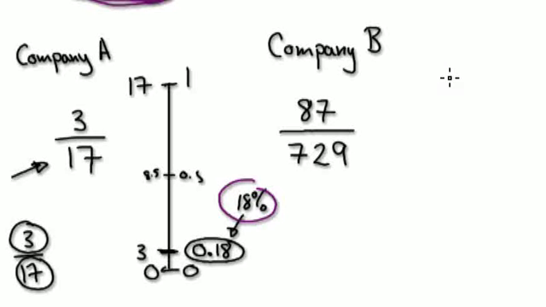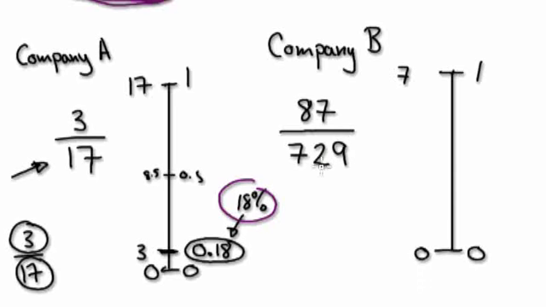Okay, so let's have a look on this side here. So this one here would be 0, 1. Now 1 represents a whole amount, which is 729. Okay. This one here, 0.5. Well, half of this.